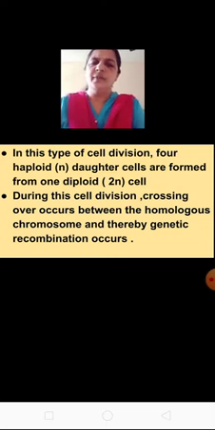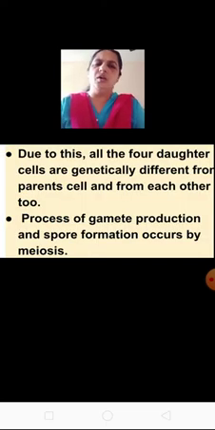Due to this, all the 4 daughter cells are genetically different from the parent cells, and thus from each other. So all are not identical to each other, nor to the parent. Meiosis is used in gamete production as well as in spore formation.